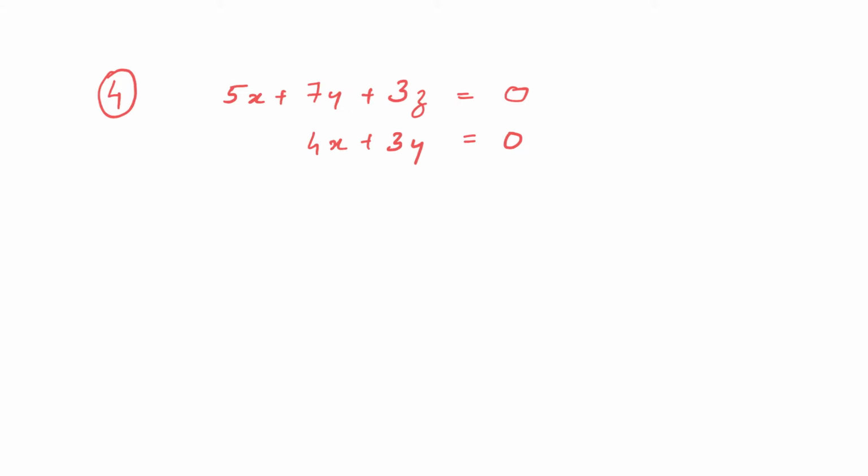This theorem also has important consequences to solutions to systems of linear equations. For instance, suppose we are given two equations 5x plus 7y plus 3z is equal to 0 and 4x plus 3y is equal to 0. Notice that both these linear equations are homogeneous.